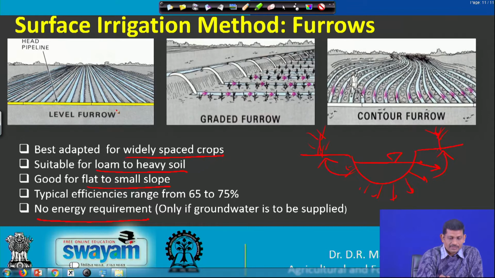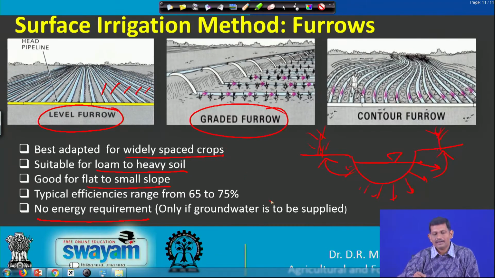The level furrows, as the name indicates, have less slope or zero slope, the flat slopes. This is the head pipeline, and sometimes we also have the field channel here, and these are the furrows. The individual channels are the furrows, and graded furrows will have slight slopes, and then contour furrows, similar to contour borders.